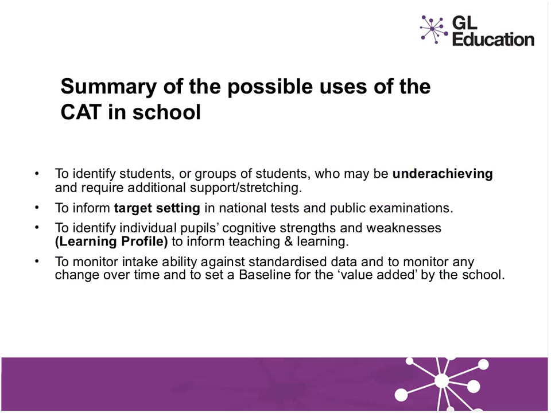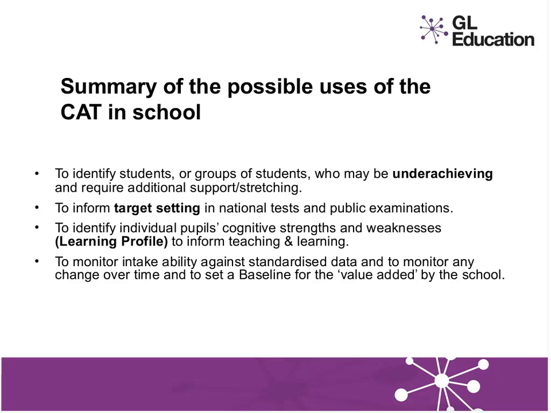So to summarise the possible uses of CAT within the school, it can be used to identify students or indeed groups of students who might be underachieving and require additional support or stretching. So that's really, if you're looking at attainment data alongside CAT data, that means that you have CAT data on their ability and potential versus attainment, where are they now, and you can identify differences between.